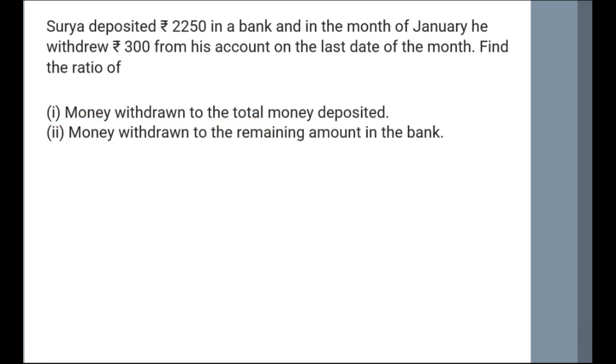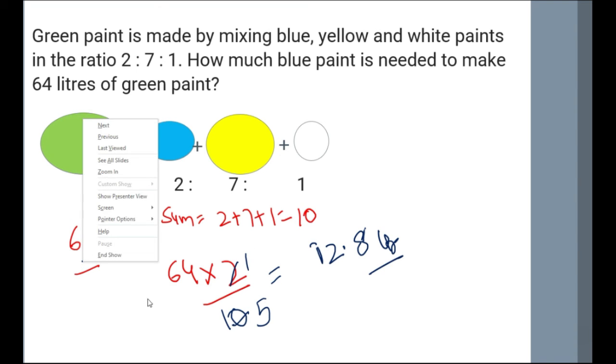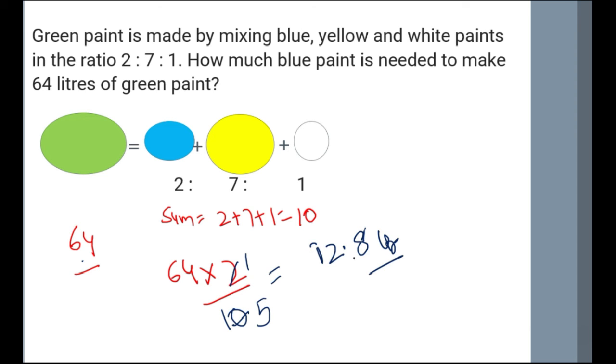So 64 upon 5, by dividing this we get 12.8 liters. 12.8 liters is required to make the 64 liters of green paint, right? So to make the 64 liters of green paint we require 12.8.